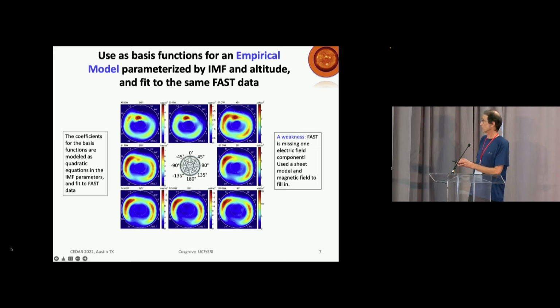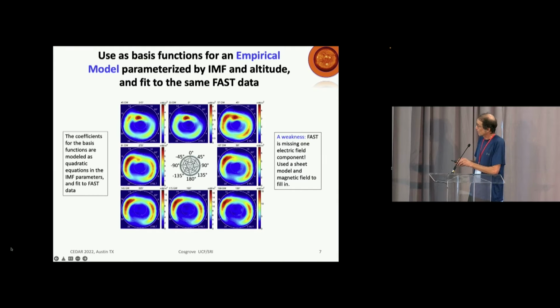So I end up with a model that looks about like this, an example of the model output from the original paper. This is actually fairly old. I think I might have been doing Poynting flux before it was cool. So I'm glad to see that there's now a whole session on it. One thing I wanted to point out is that this is plotted versus IMF clock angle.